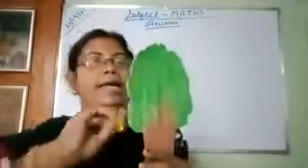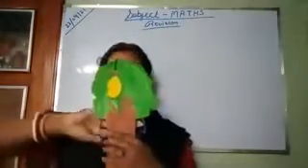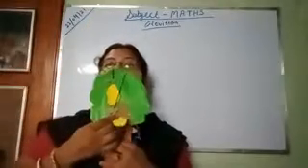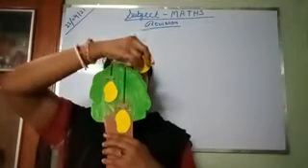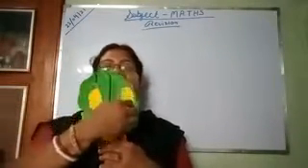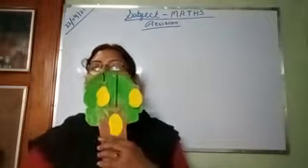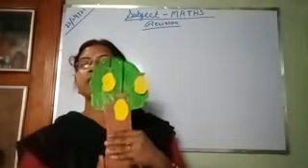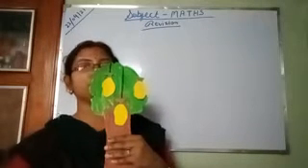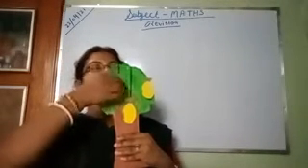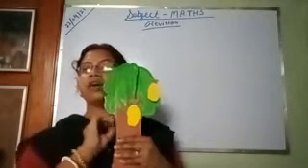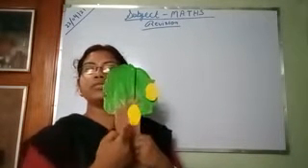Likewise, in this tree, how many mangoes are there? 3 mangoes are there. Count: 1, 2, 3. Out of 3, I have eaten 1. How many left? 1, 2.